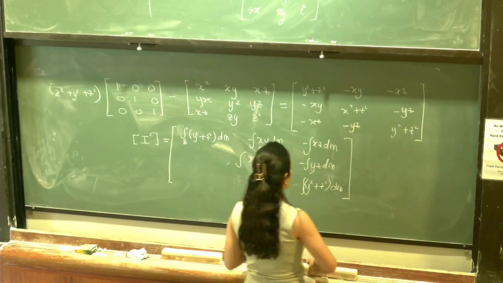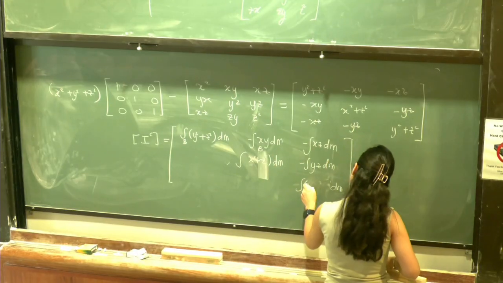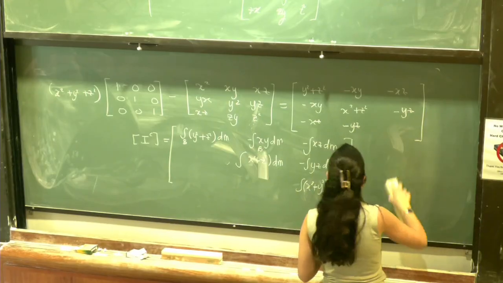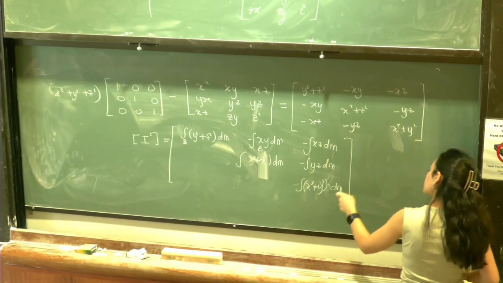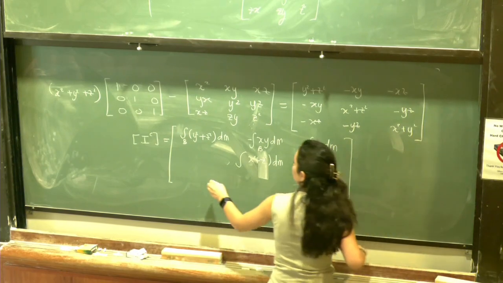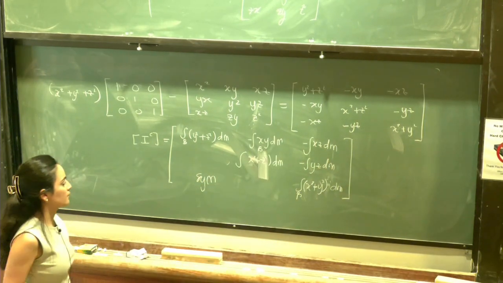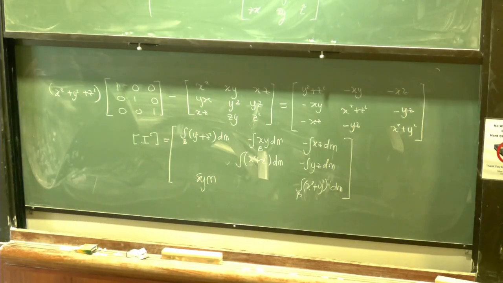Yeah, y squared plus z squared. So this is the inertia tensor of a rigid body.